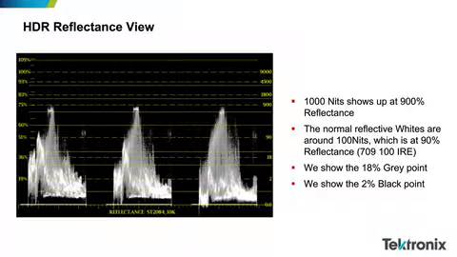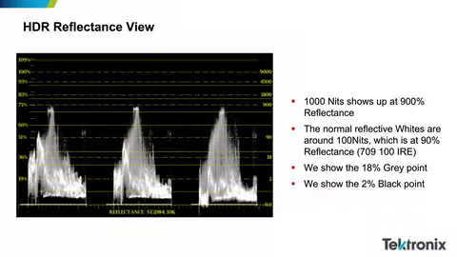And if we look at this, we can actually see that our 1,000 nit point would be the equivalent of 900% reflectance, to where our 90% reflectance is the old 100 IRE point. So this particular clip has data going up into the specular range above the 90% point.